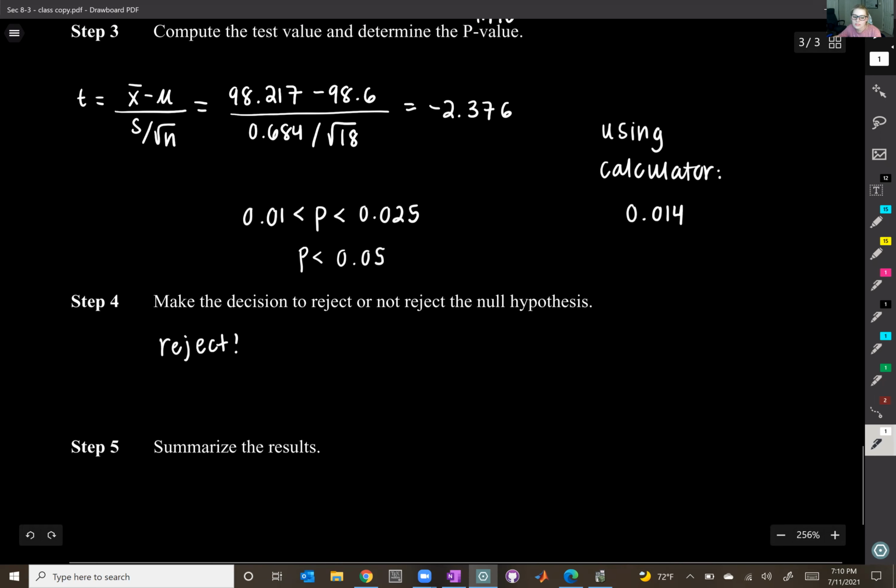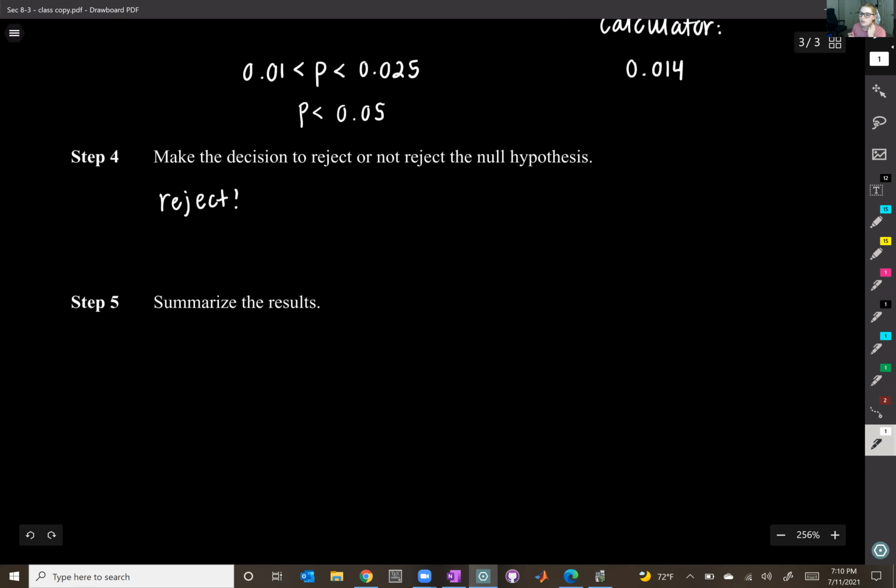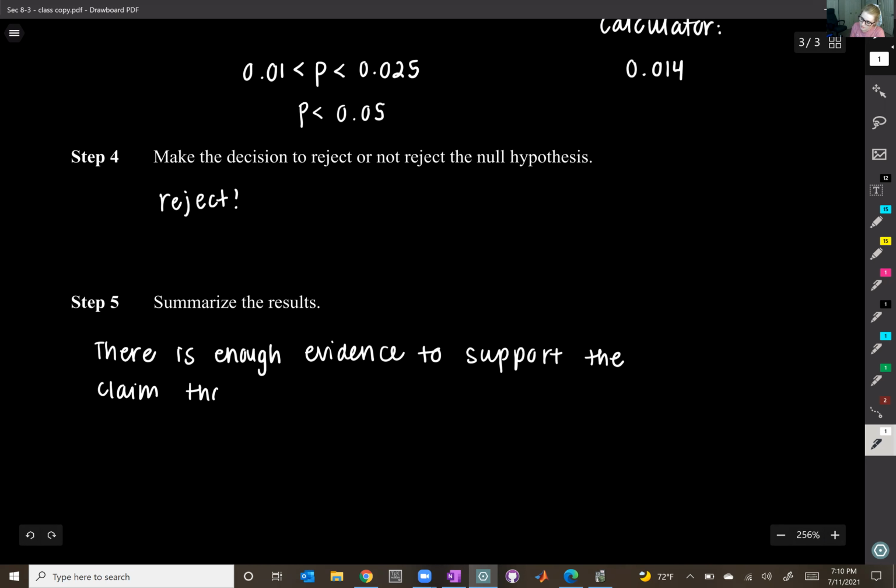And then lastly, we just need to summarize our results. I'm going to write up a nice sentence that says everything in the correct statistical language. So our summary is, there is enough evidence to support the claim that the body temp is less than 98.6.